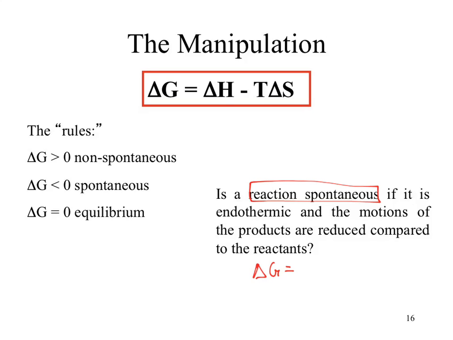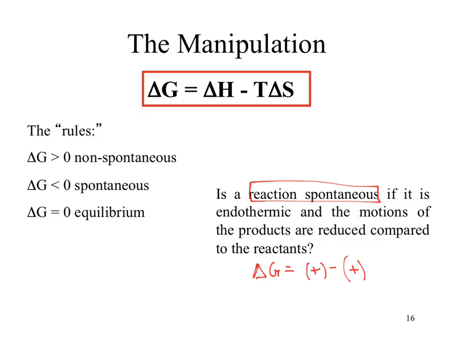Delta H, what's the sign on our delta H? Positive, because it's endothermic. Minus our temperature, sign on temperature. And we say the motions of the products are reduced compared to the reactants.